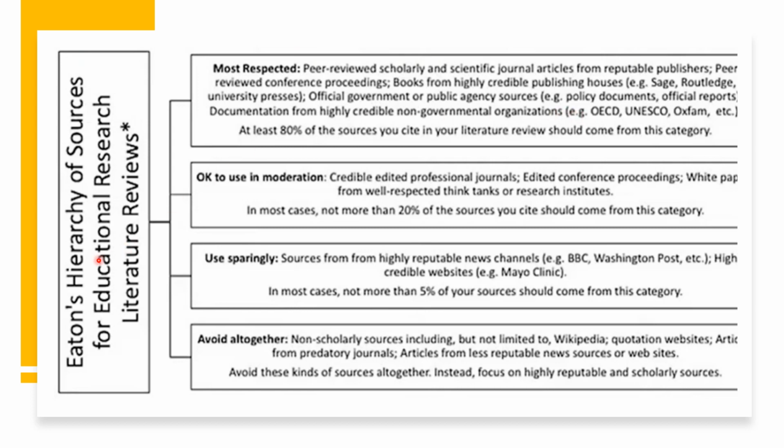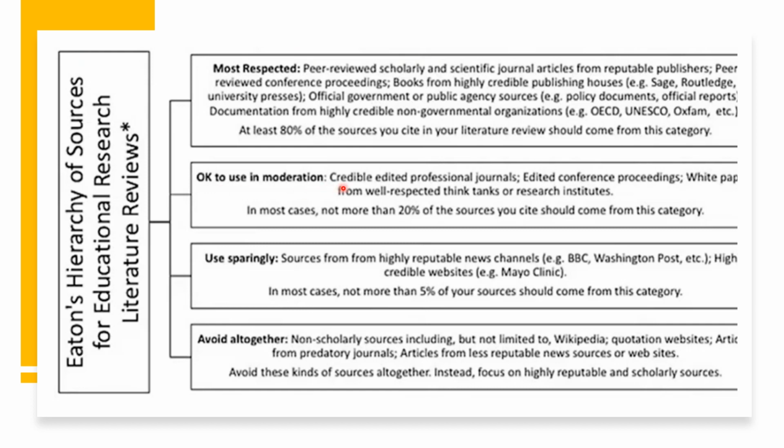And based on this framework, you should have at least 80% of the sources for your literature review coming from these most respected sources. So you should get 80% of your literatures from this category. I hope that it's clear. The next part here is the category that's okay to use but in moderation.